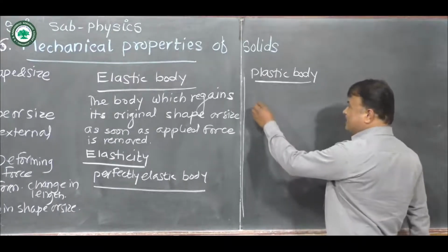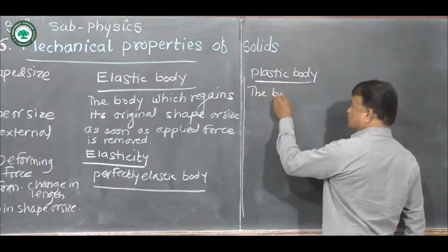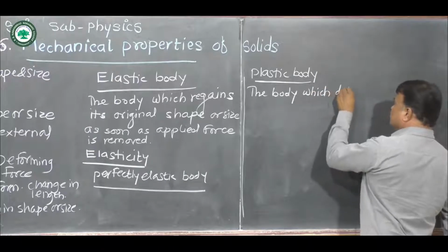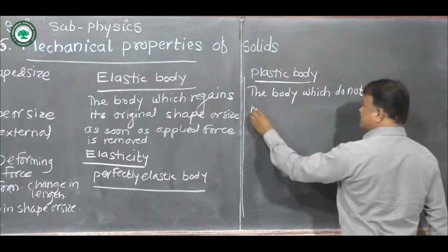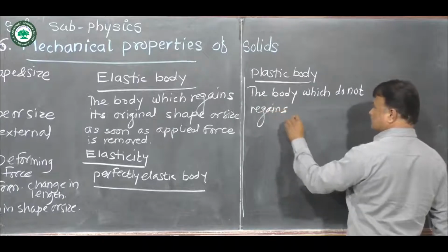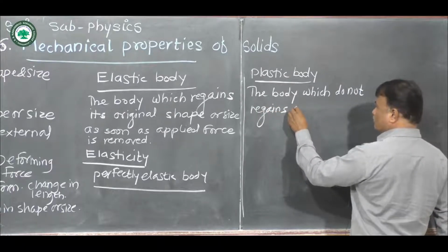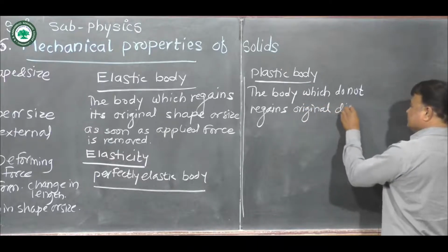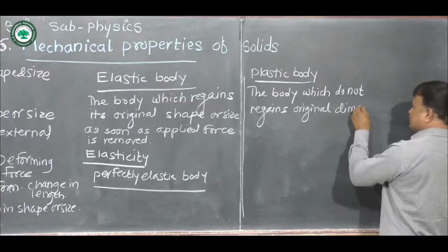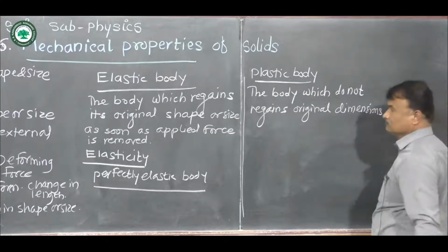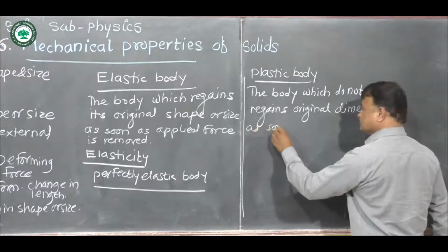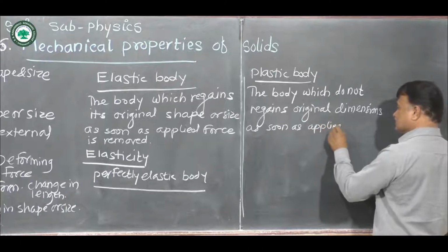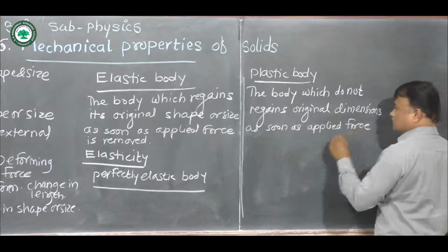So, a plastic body is a body which does not regain its original dimensions, shape or size, as soon as the applied force is removed.